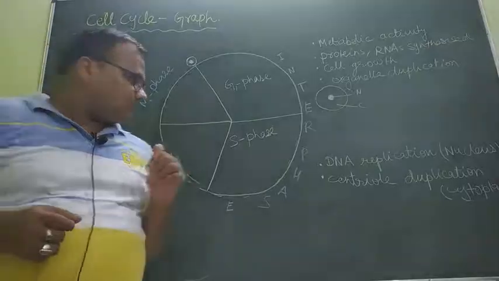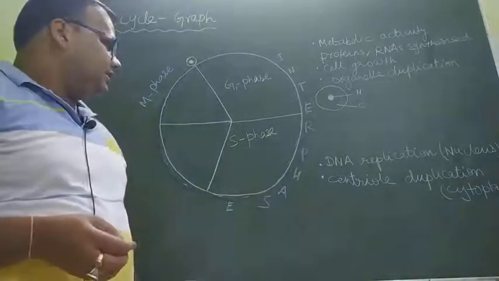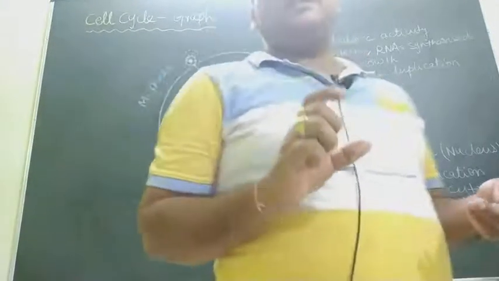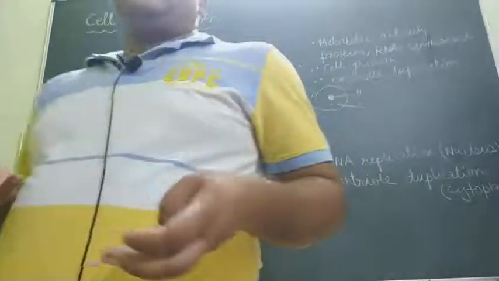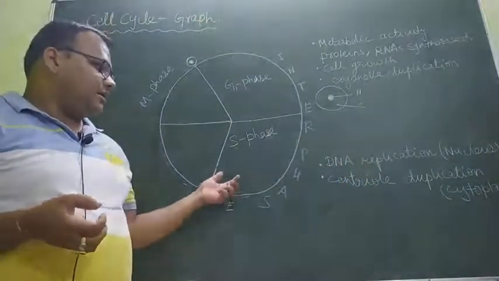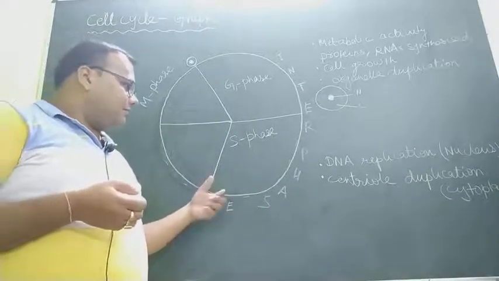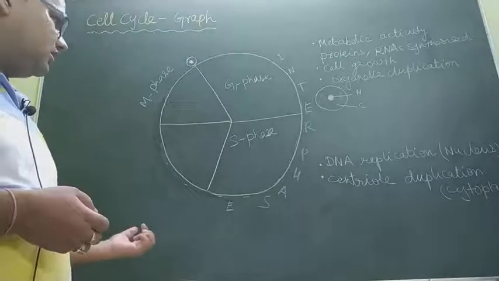And this is the major event which takes place in S phase, because the length of DNA is very large, and for proper and correct replication of DNA it requires a considerable period of time, and the time taken is called S phase or synthesis phase.